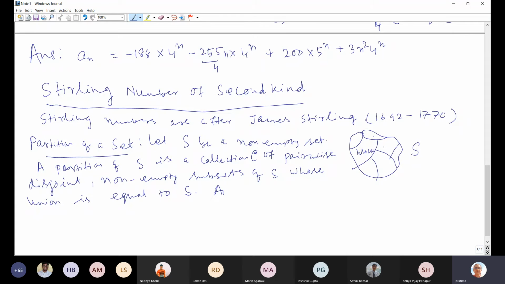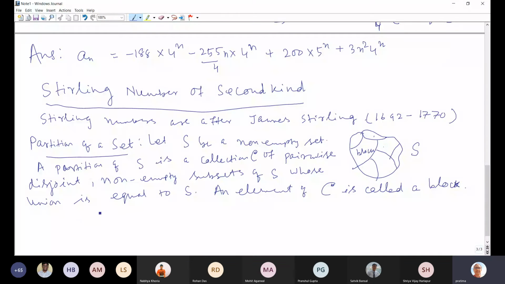An element of C is called a block. This is called a block.